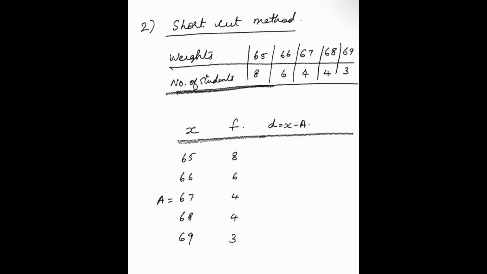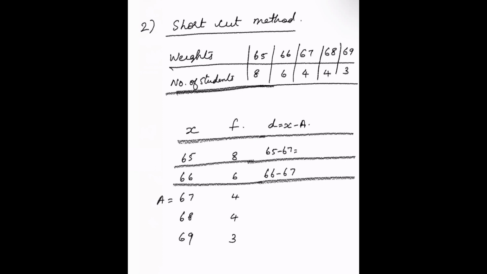What is the meaning of X minus A? It is 65 minus 67. A is 67. I am subtracting the assumed mean from each of the observations. So first is 65 minus 67. Next one would be 66 minus 67.